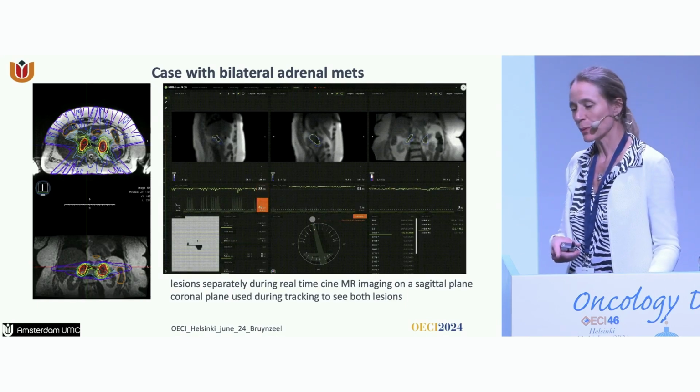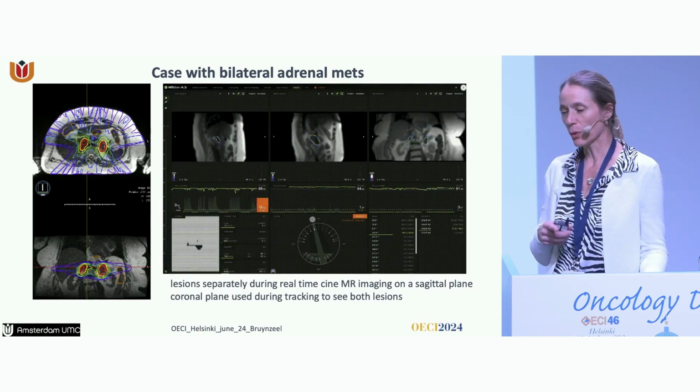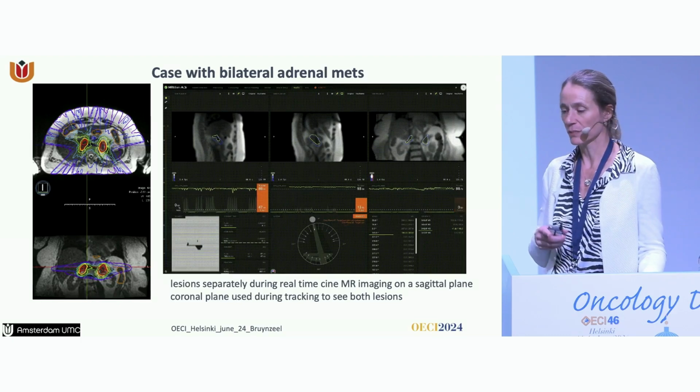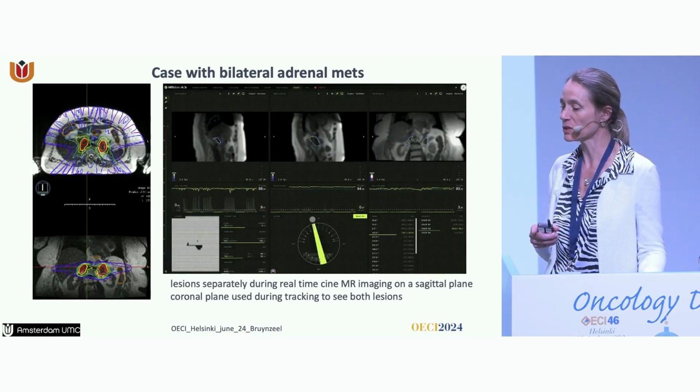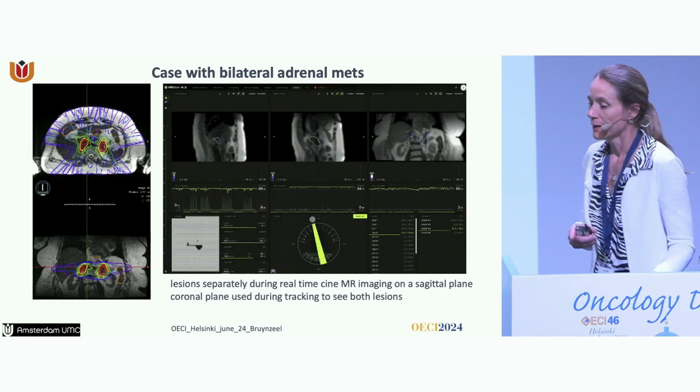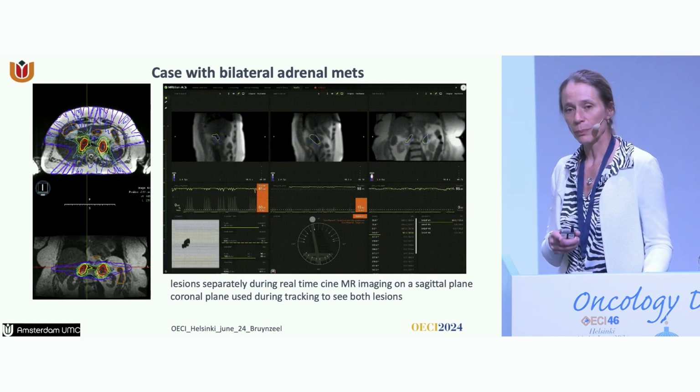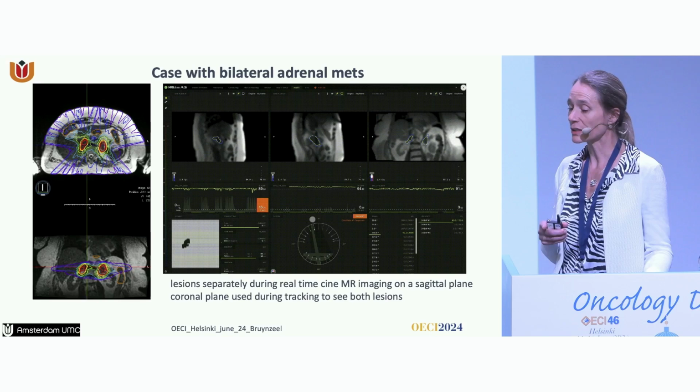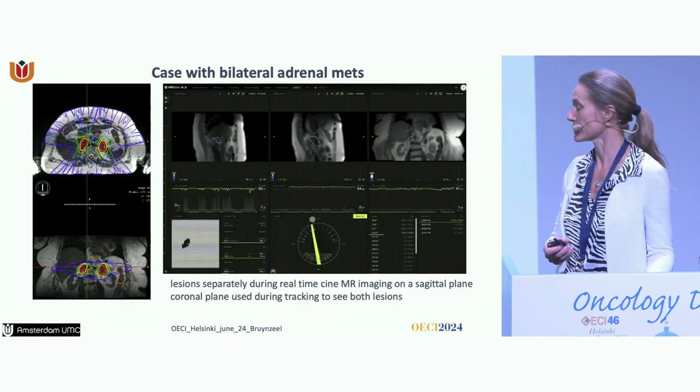It is now possible to see both lesions separately during real-time MR imaging on a sagittal plane, and on the coronal plane we can use during tracking to see both lesions.